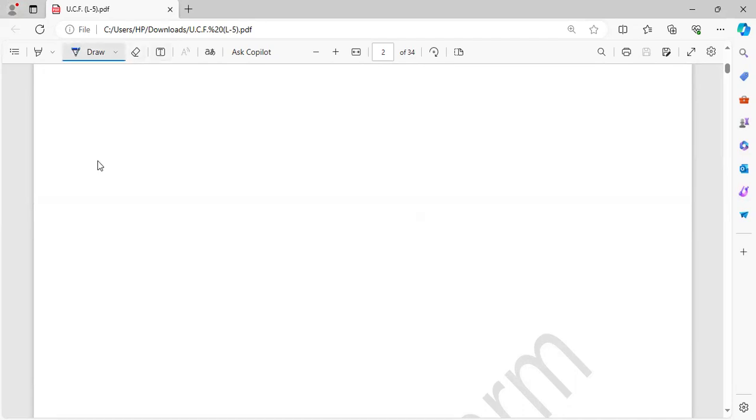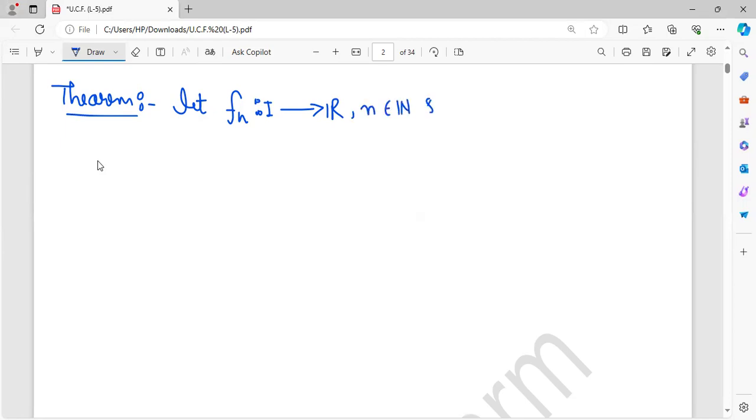To study that method, we need a result. So we start with the following theorem. Let Fn be a sequence of functions such that Fn(x) converges to F pointwise.